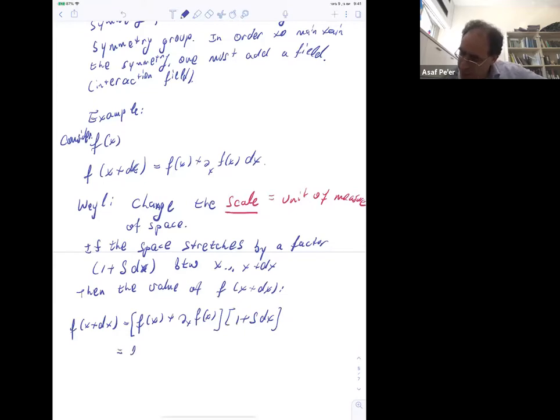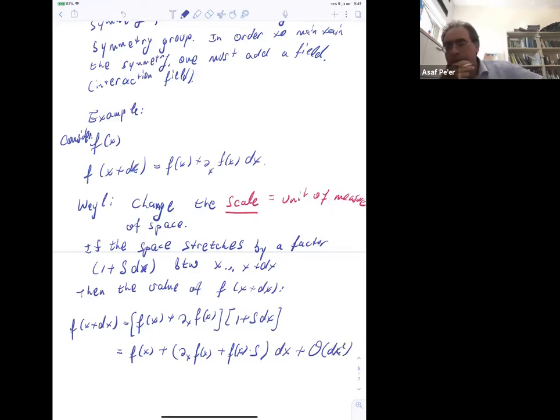So this is f of x plus the derivative of f dx, but now we also have f of x times s, all times dx, plus corrections of order dx squared, which we can ignore as dx goes to 0.